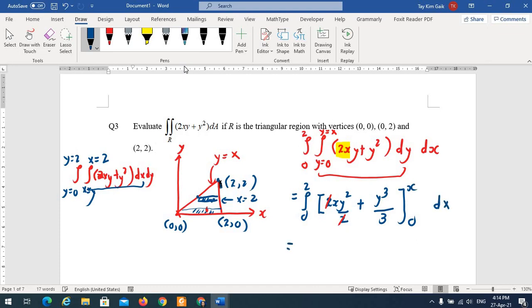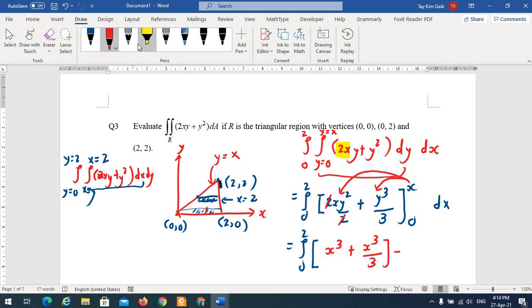When you integrate with respect to y, put in y, not x. If you put in x, you'd still have y there and couldn't integrate lastly with respect to x. So plug in x squared times x, so the total is x cubed, plus x cubed over 3. When you substitute 0, everything is 0.